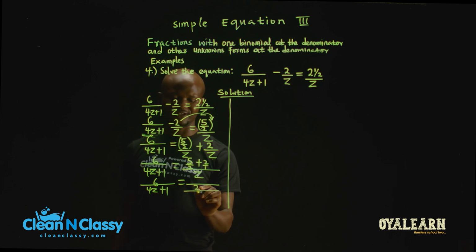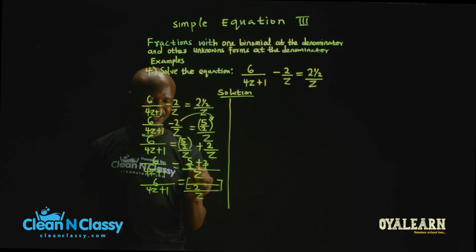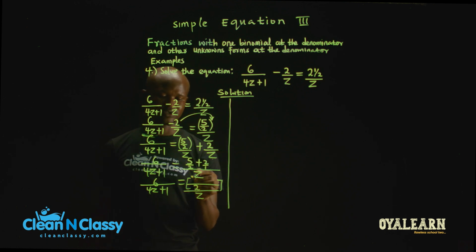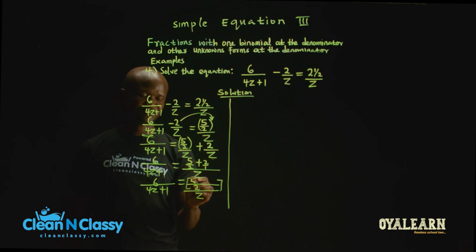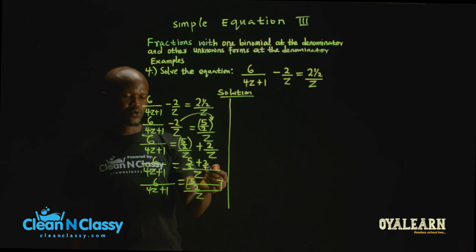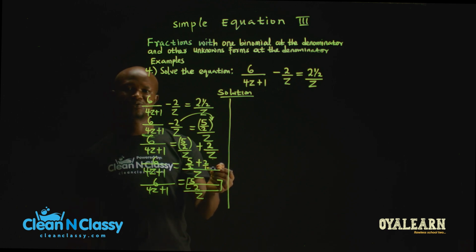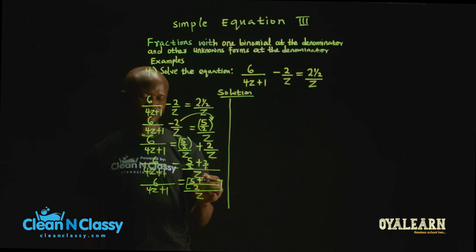Now everything here is divided by z, don't forget. So simplifying the numerator, the LCM of 2 and 1 is 2. So 2 divided by 2, we have 1. 1 times 5, we have 5. Now, 2 divided by this 1, what do we have? That is 2. 2 times 2, we have 4. So we have plus 4 here.